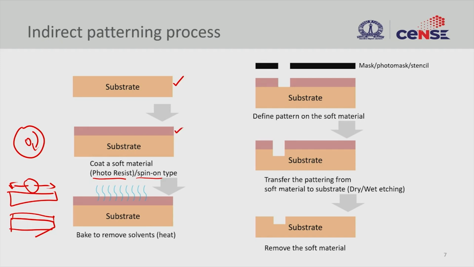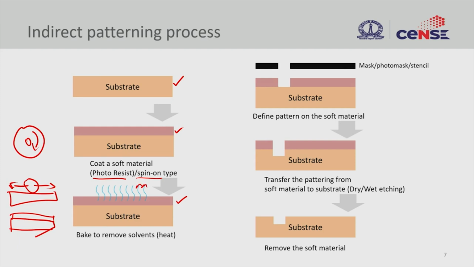Once you have this viscous material on the substrate, you do a soft baking. So you put in heat energy, you bake this, and when you bake it, the solvent present in this material evaporates, making the material solid.